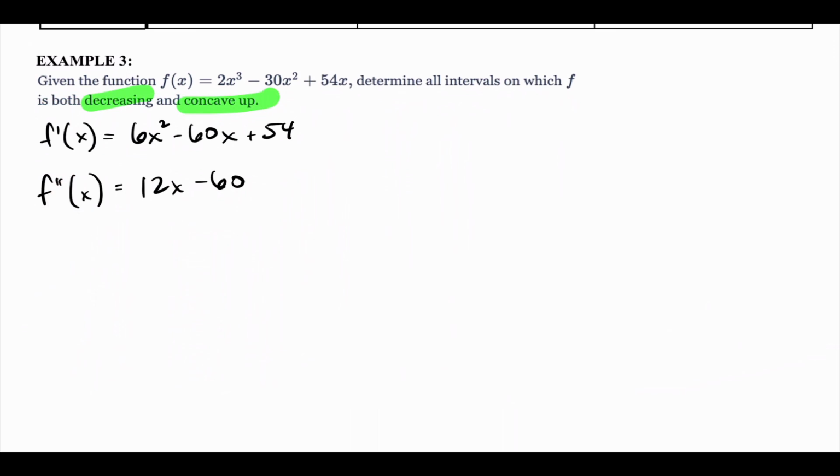Those are the 4 things I need to know. Because once I do that, then I can say, okay, where is it? So you're going to need to do both the first derivative test and the second derivative test for this guy. These questions, they love on tests because it has first derivative and second derivative built in.